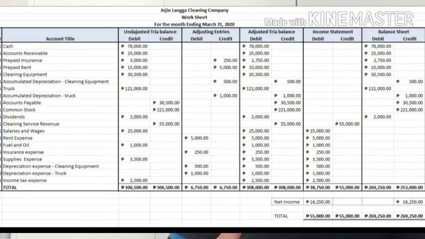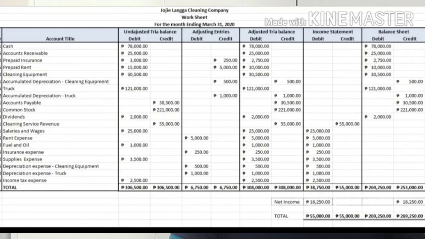In our first transaction, we recognize the depreciation of the truck. So we made the adjusting entry: debit depreciation expense 1,000 and credit accumulated depreciation, truck, 1,000.